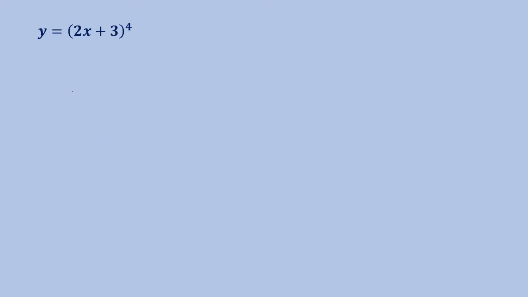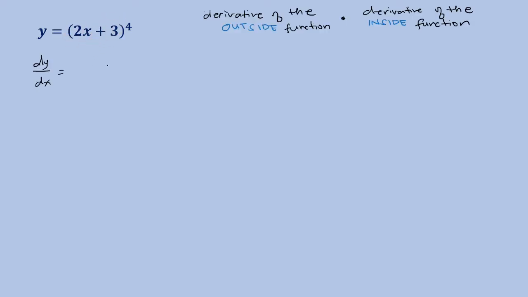Let's say we would like to get the derivative of y is equal to the fourth power of 2x plus 3. In this case, our inside function is 2x plus 3. First, we need to get the derivative of the outside function, leaving the inside function, meaning we still have 2x plus 3.